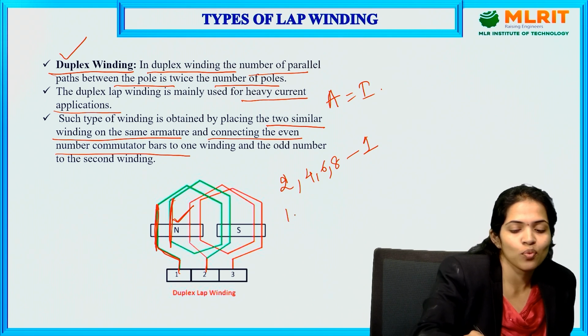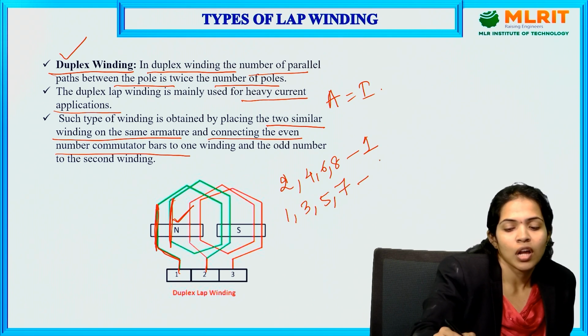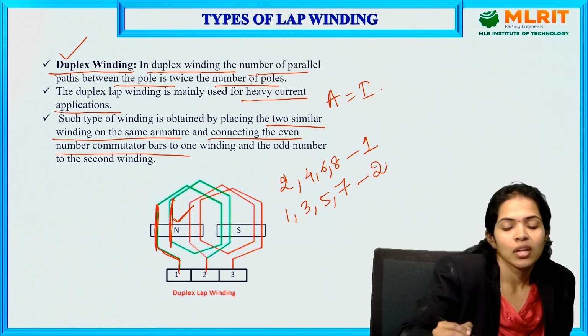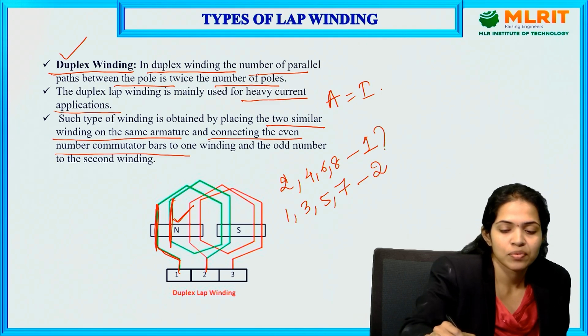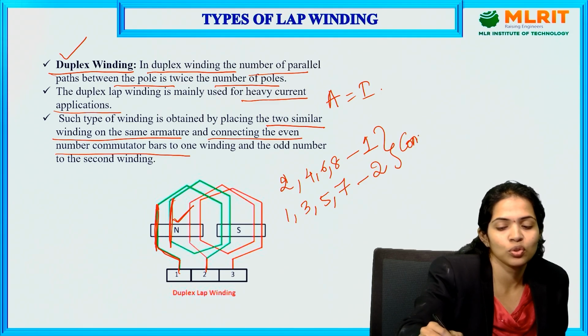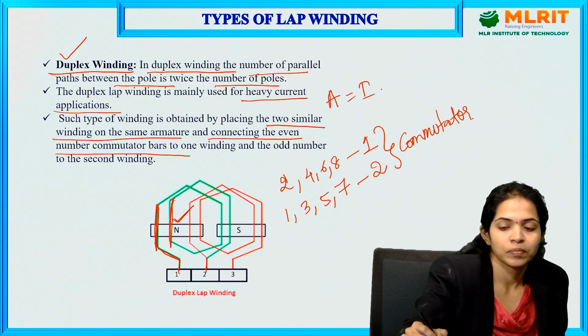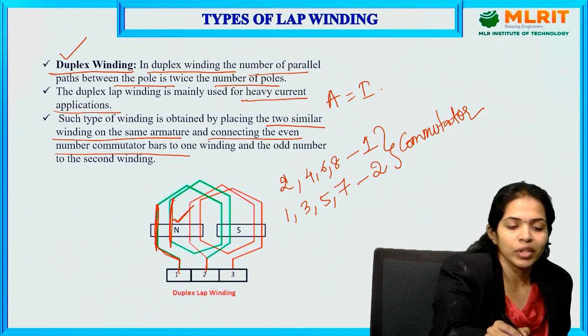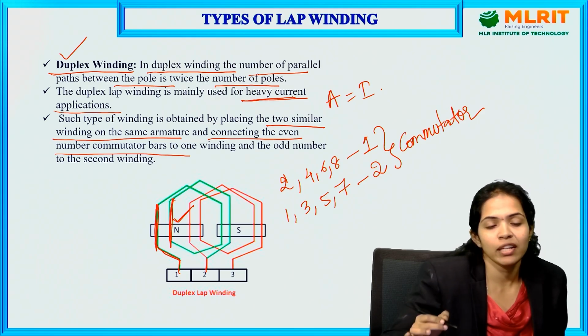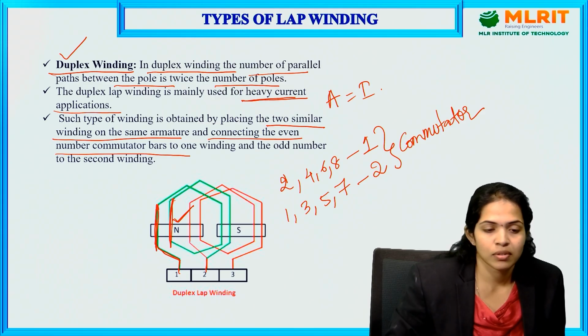The conductors 1, 3, 5, 7 are connected to another segment of the commutator. This is how we do the duplex lap winding. We usually use this duplex lap winding for heavy current applications.